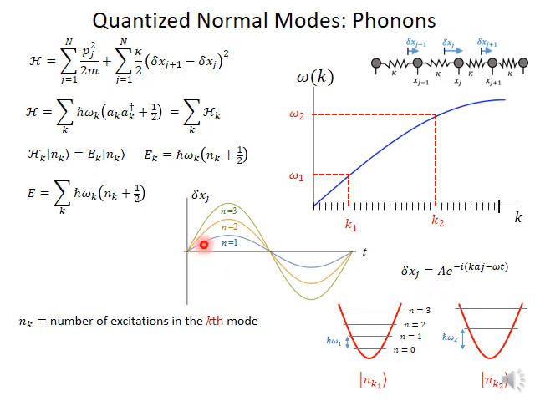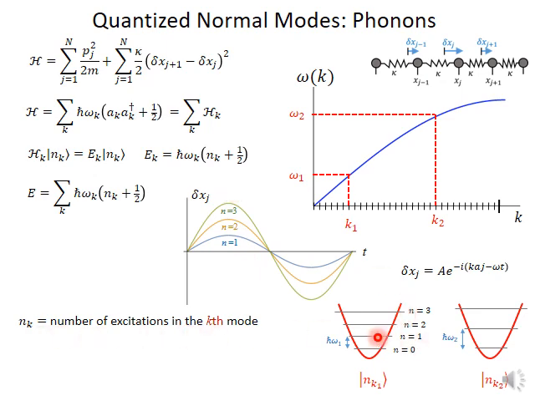And if n is smaller, then you would have a certain wavelength of this displacement wave corresponding to that particular mode, because k1 would represent this lambda. But as the quantum number is increased, the amplitude of this displacement increases. And as you increase the quantum number further, the amplitude of this displacement increases further. The wavelength remains the same, which means that the k1 remains the same, just the amplitude increases.